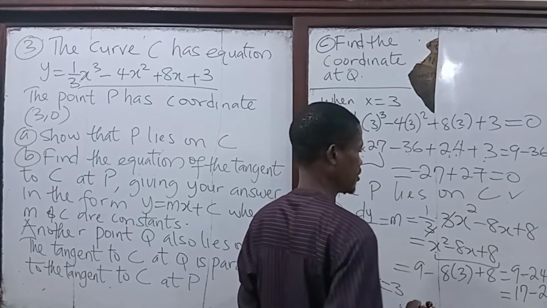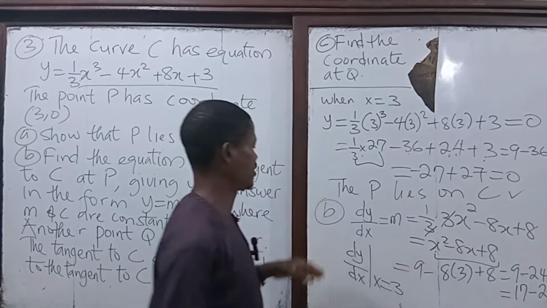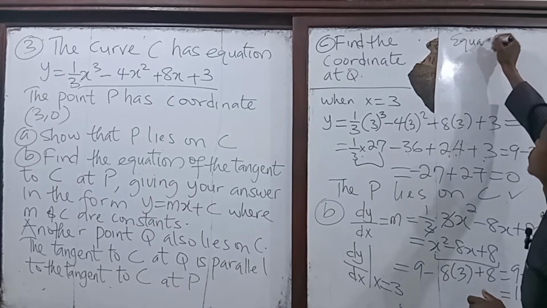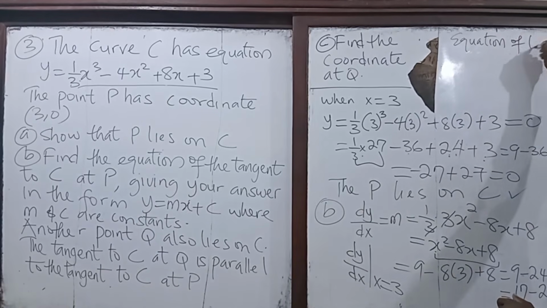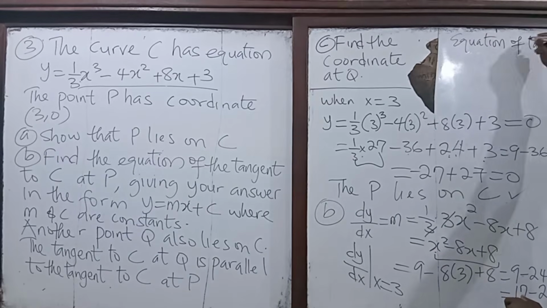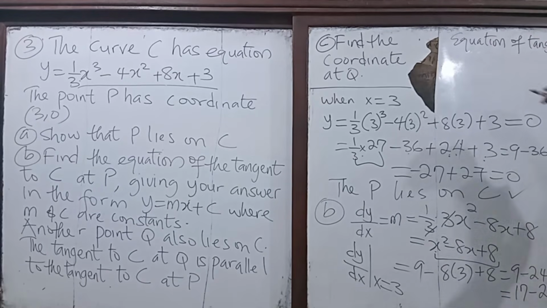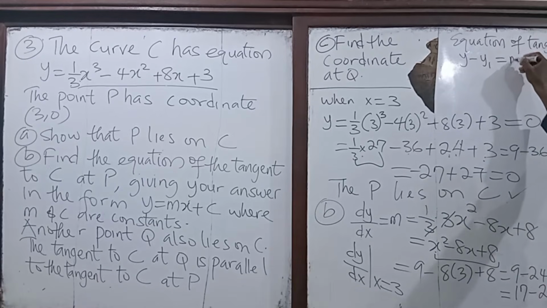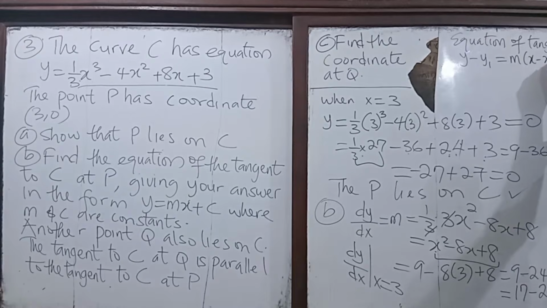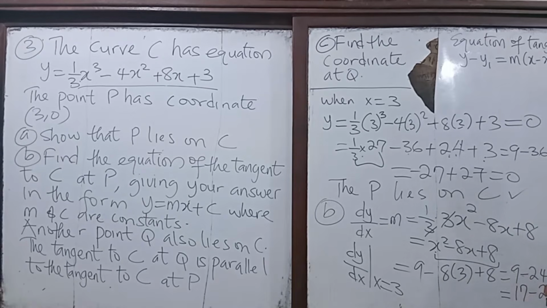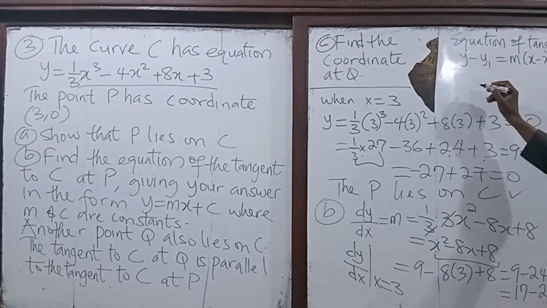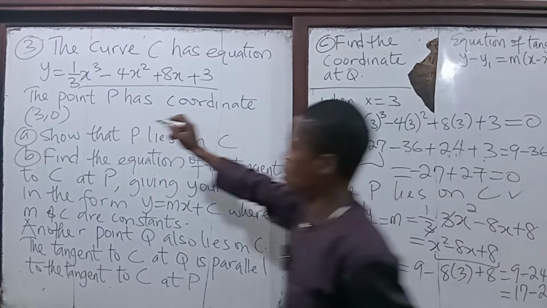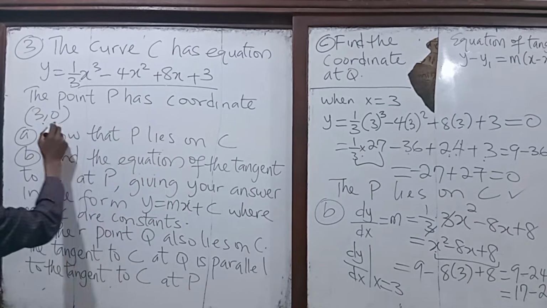For the equations of tangents, this is the formula for equations of tangents, and that will be equal to, we have the coordinate points, my y1, this is 3,0, so y1 is 0.